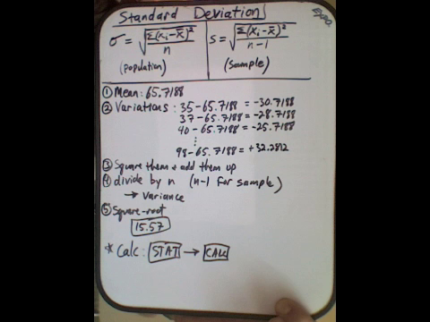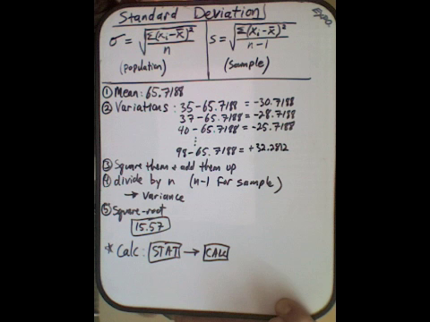Once we have the average of the square of the variations, that's called the variance. And for reasons that are very difficult to explain, if you're finding the standard deviation or the variance of a sample, that is a limited subset of a population, instead of a population, then instead of dividing by n, you divide by n minus 1.